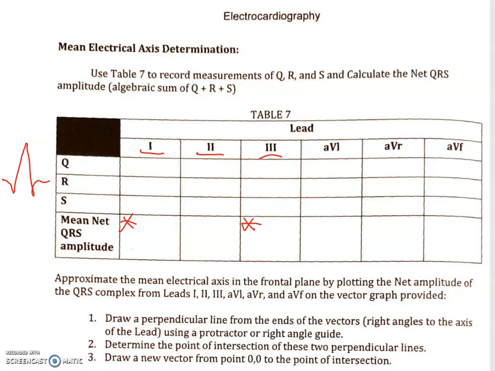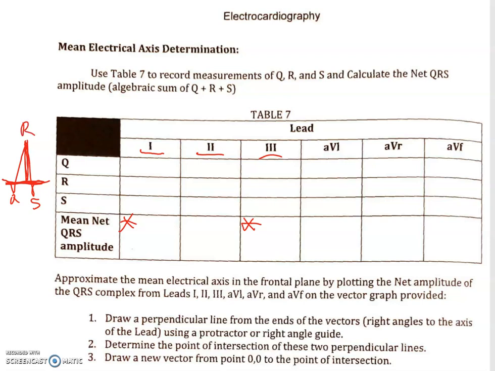Instead of subtracting this little squiggle from the baseline, that's here is the Q, and that little squiggle from the baseline, that is, I'm sorry, that's S. We're just going to cut this whole thing across and measure just the amplitude of your R wave.